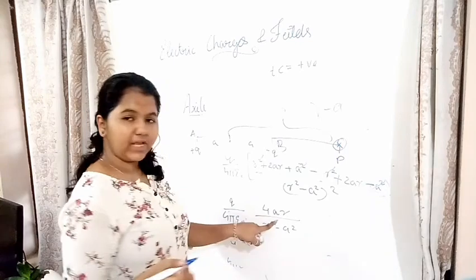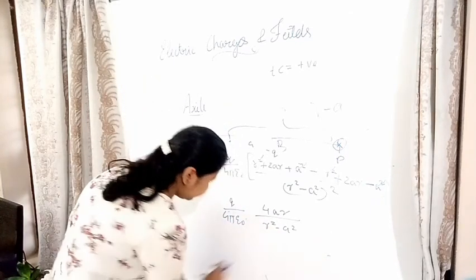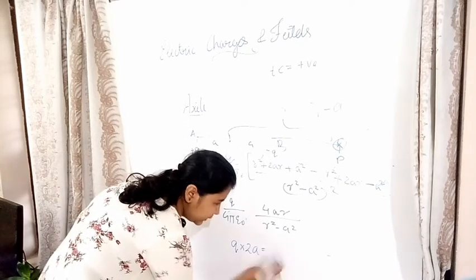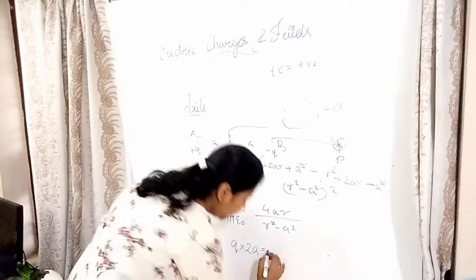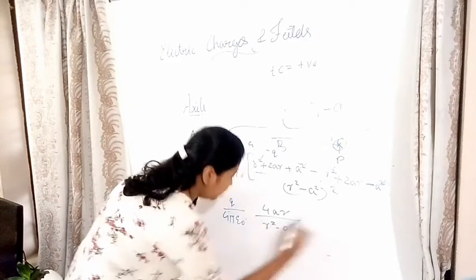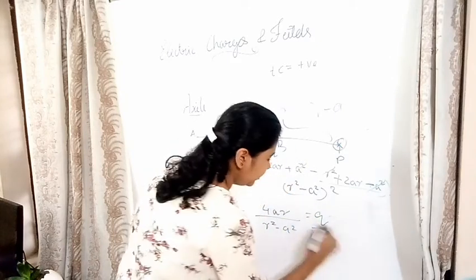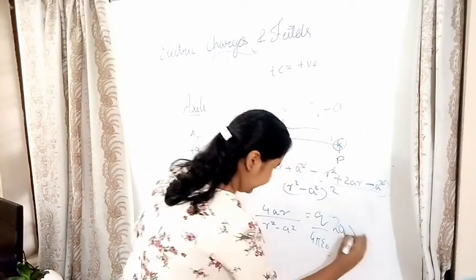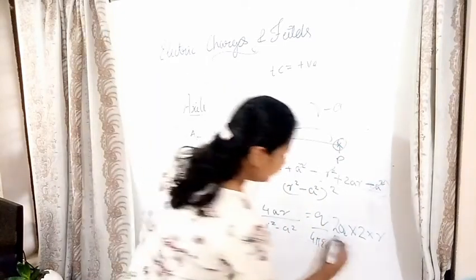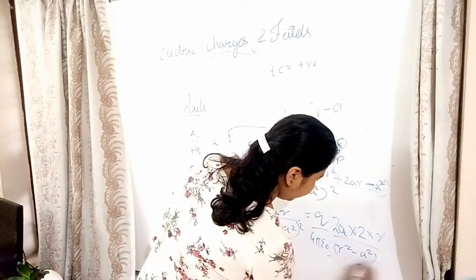So what is 4ar? We know that q into 2a is equal to what? P. Yeah, so it's equal to P. Now we'll write it like this. This is equal to q by 4 pi epsilon 0, 2 into a into 2 into r, divided by (r square minus a square) the whole square.